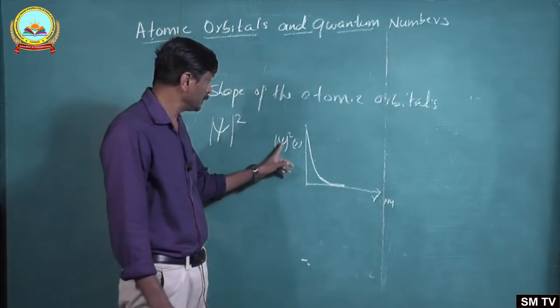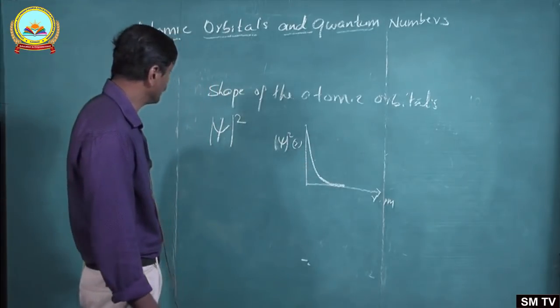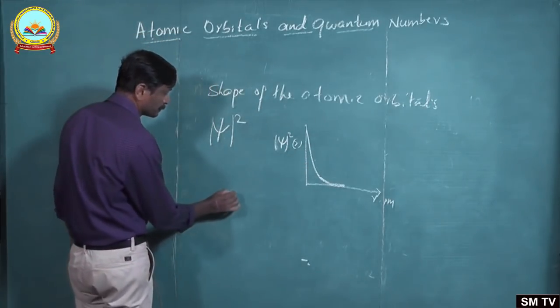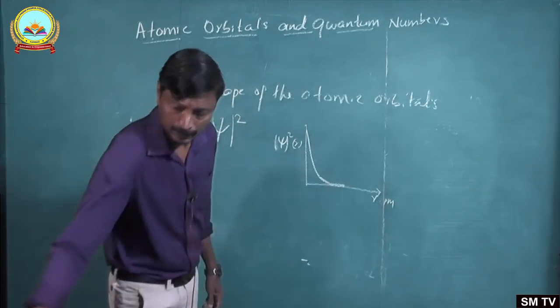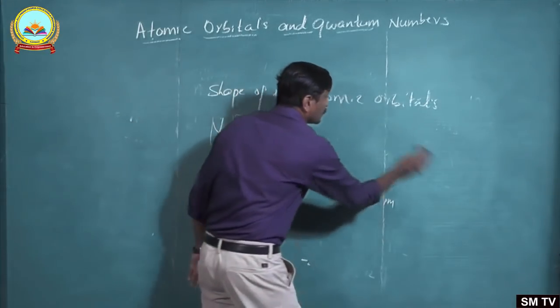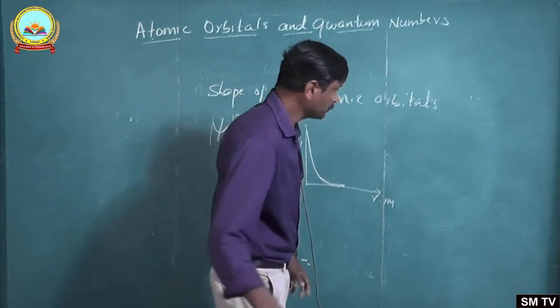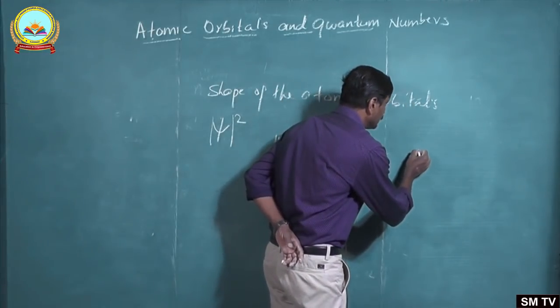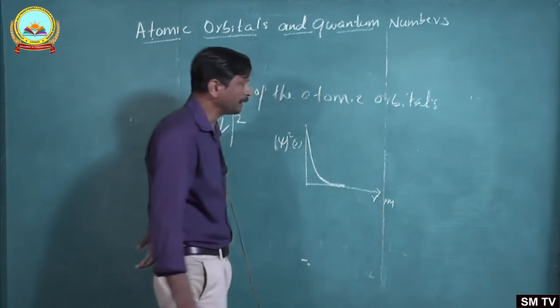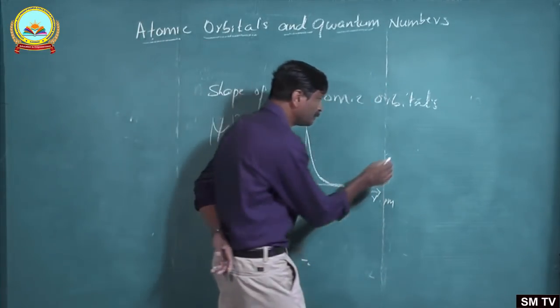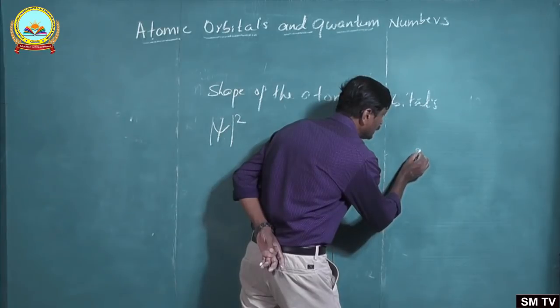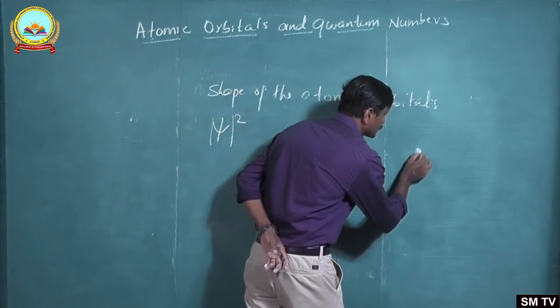So here what does that mean? Suppose it is a nucleus. This is the nucleus. Where you can find the electron density is more, the maximum electron density you can find is near the nucleus, like this.